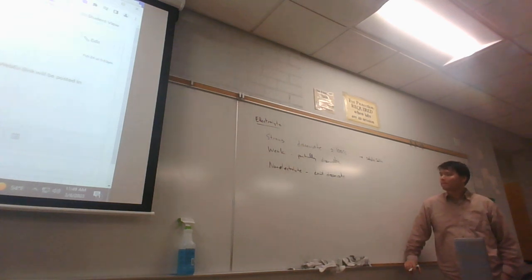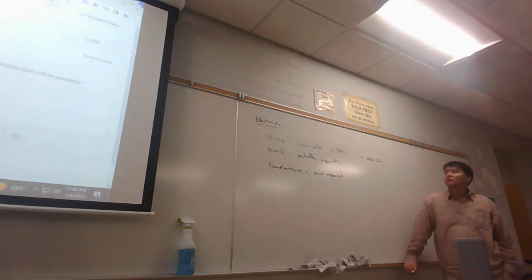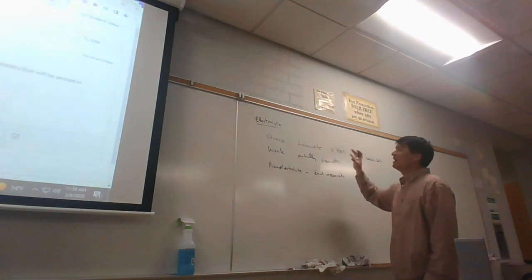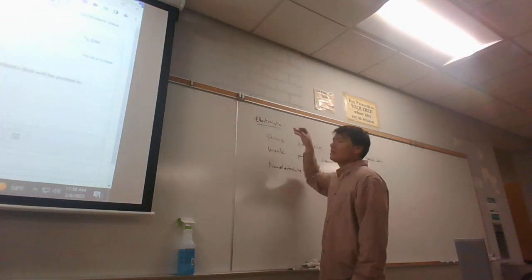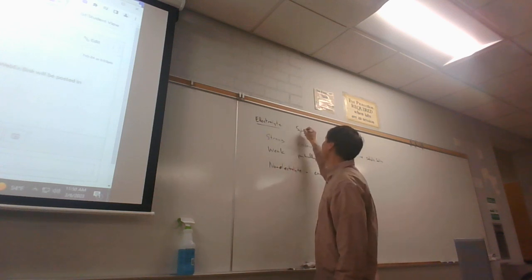What else? Salts are usually like metal and non-metal. Metals are different. Electrolytes are things that will dissolve in water. Metals don't dissolve in water, but they do conduct electricity well.